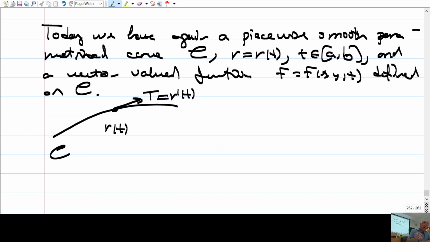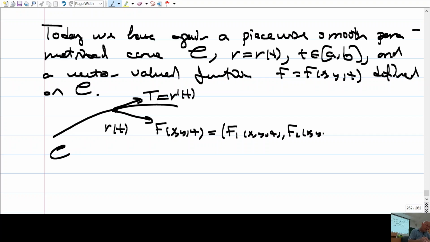Okay, and suppose that you are pulling an object on this curve via the force given by F. So F is the force, let's say. It has three components. Let's say F1(x, y, z), F2(x, y, z), and F3(x, y, z).